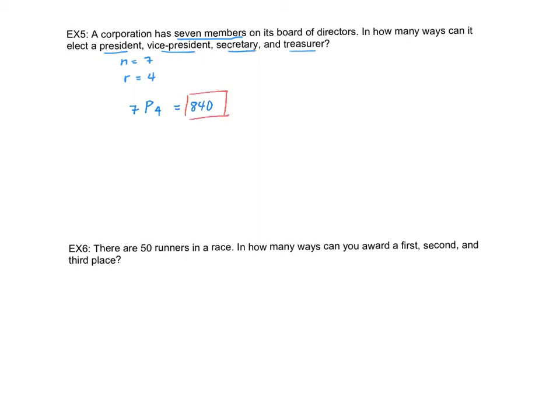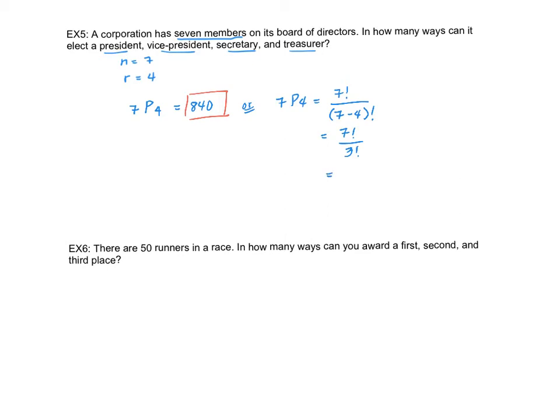If you're not, then 7P4 is the same as 7 factorial over 7 minus 4 in parentheses factorial, which would be 7 factorial over 3 factorial.